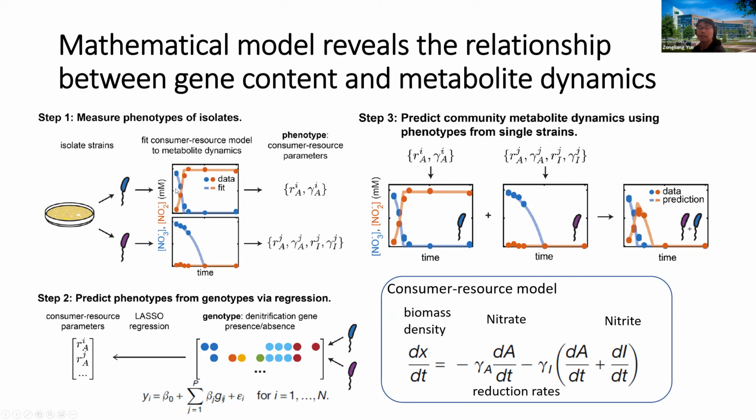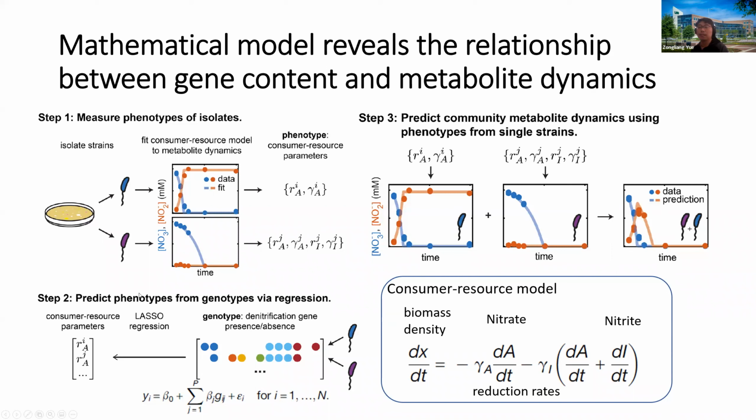Therefore, they can see an 8-point standard curve, fit this curve with a line here, and see the reduction of nitrate and nitrite using the consumer resource model. Basically, they screen for biomass density changes and the reduction of nitrate and nitrite, and therefore they can infer the reduction rates of nitrate and nitrite.